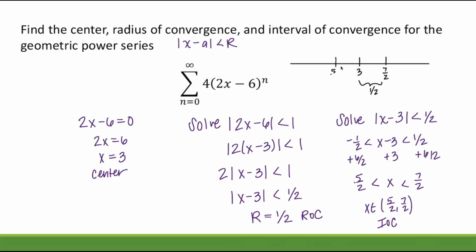And then 5 over 2 is 2.5, or also 0.5 away. So that is the R value, that's the radius of convergence, and this is the interval of convergence. So our interval of convergence is all of the values between 5/2 and 7/2, but not including those endpoints.